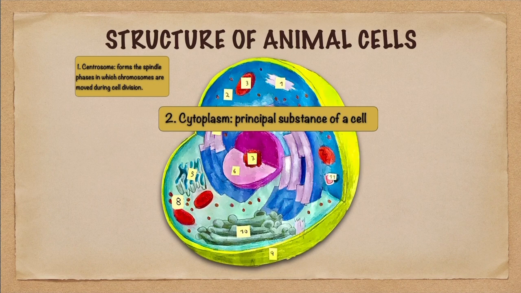Now the cytoplasm. It is the principal substance of a cell, and it is made out of many other substances, but it is a solution of them. That's why the cytoplasm is considered as only one substance.